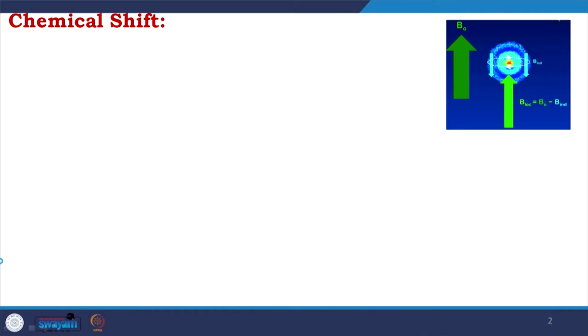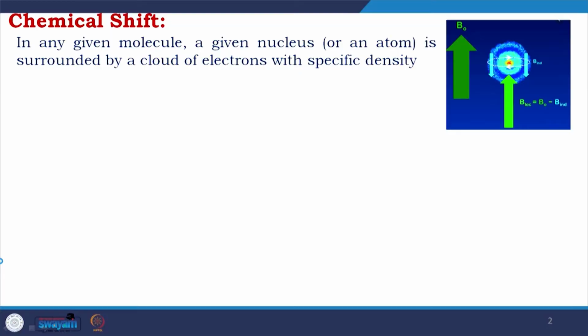Today we will not study chemical shift itself, but we will understand what the factors are. I have discussed a few, but now I have enlisted them so that you could see them together. Chemical shift, as we know: in any given molecule, a given nucleus is surrounded by a cloud of electrons with specific density.